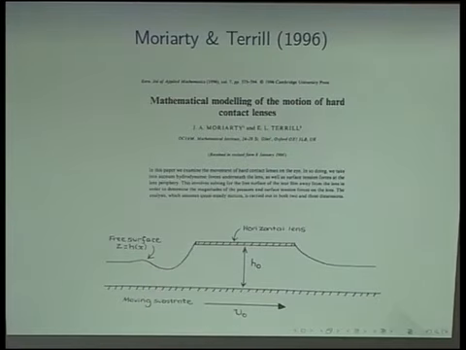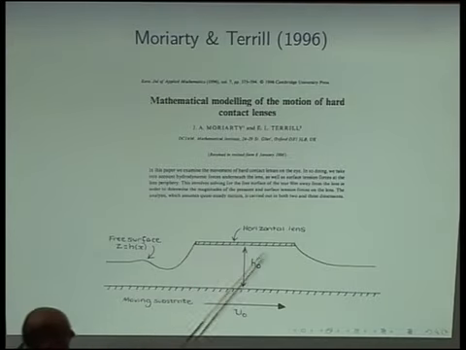So this is the problem they actually studied. Horizontal lens, rigid plate, on a horizontal substrate, one moving relative to the other. They had their substrate moving to the right, and they're interested in what's going on underneath the lens, and they're interested in what's going upstream and downstream of the lens.